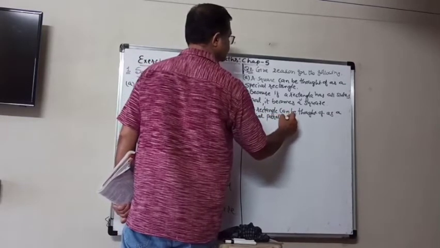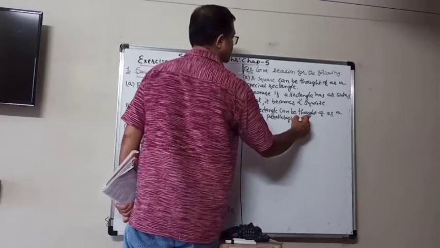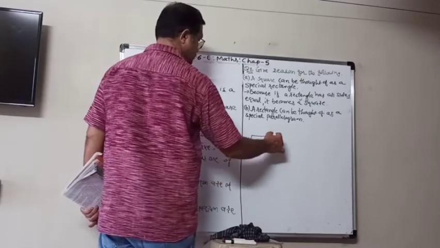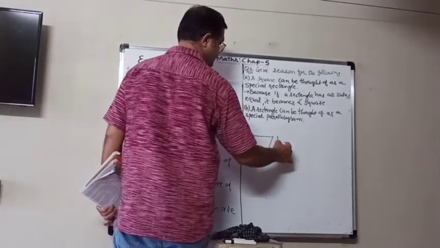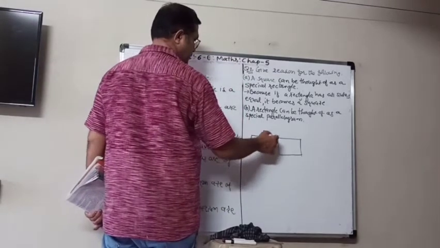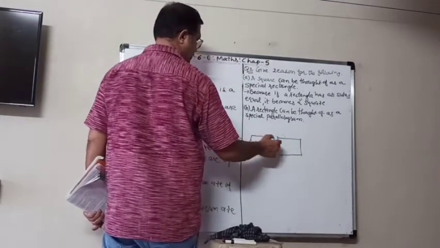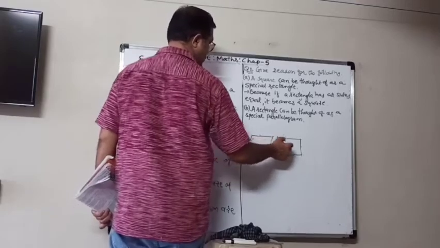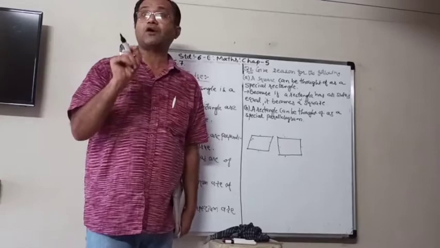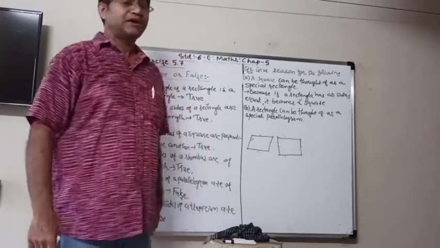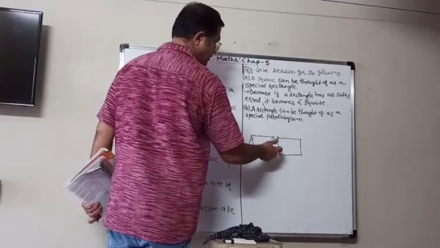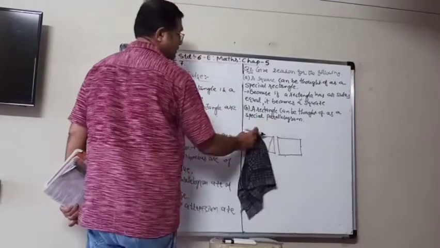Look, that is a parallelogram, that is a rectangle. In a parallelogram also opposite sides are parallel and opposite sides are equal, both of them. Only what is the difference? In a rectangle all the angles are 90 degrees. It means in a parallelogram also if you make all the angles right angles, then it becomes a rectangle.